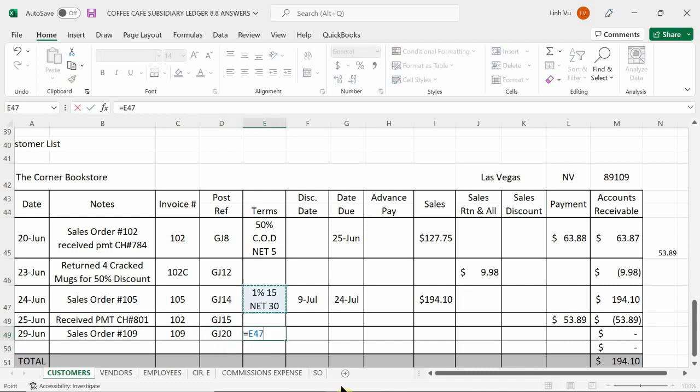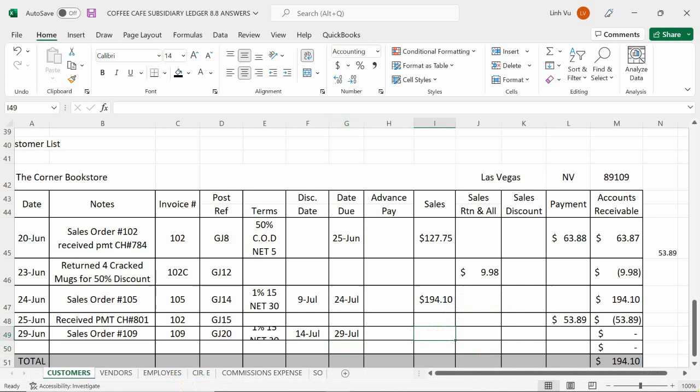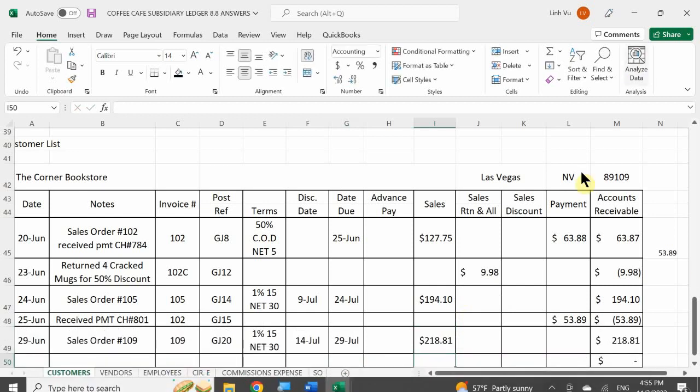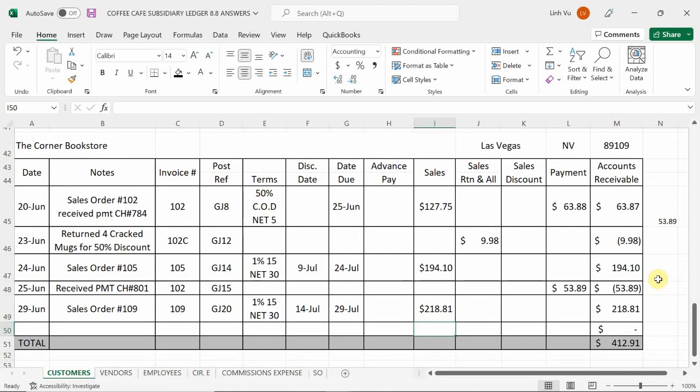Same thing. We gave him 15 days to pay for a 1% discount. So 15 days from now is going to be the 14th, and 30 days from now is going to be the 29th of July. Corner bookstore owes $218.81. So with the total amount of 2 invoices, corner bookstore owes me $412.91.